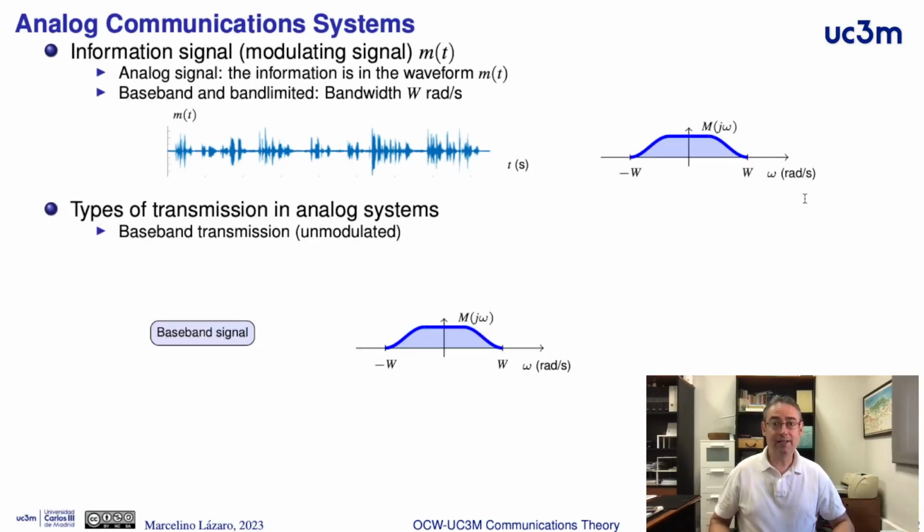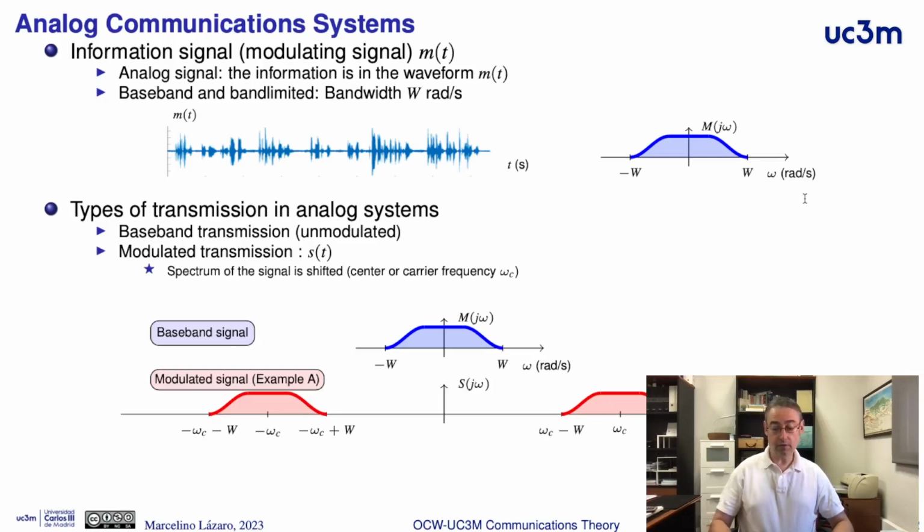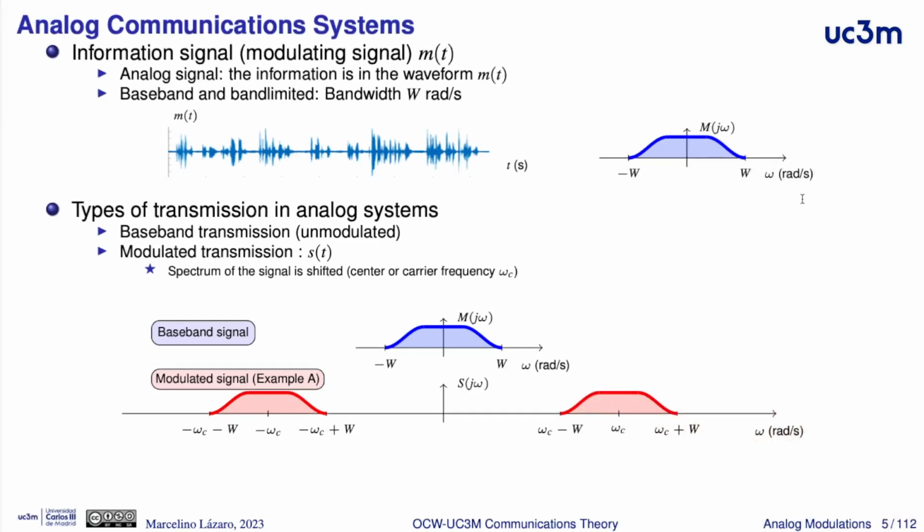There are several types of transmission in analog systems. It is possible to have a baseband transmission and transmit the information signal as itself, but the most usual option is to modulate this signal. And modulation has a first implication.